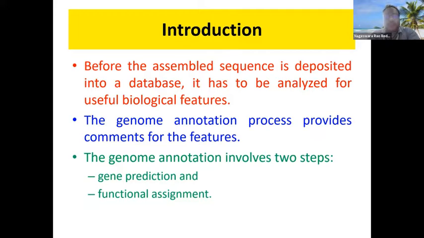The first is gene prediction, the second is functional assignment, and the third is annotating the other elements of the genome which are not genes, like transposons, retrotransposons, tandem repeats, pseudogenes, and promoters.